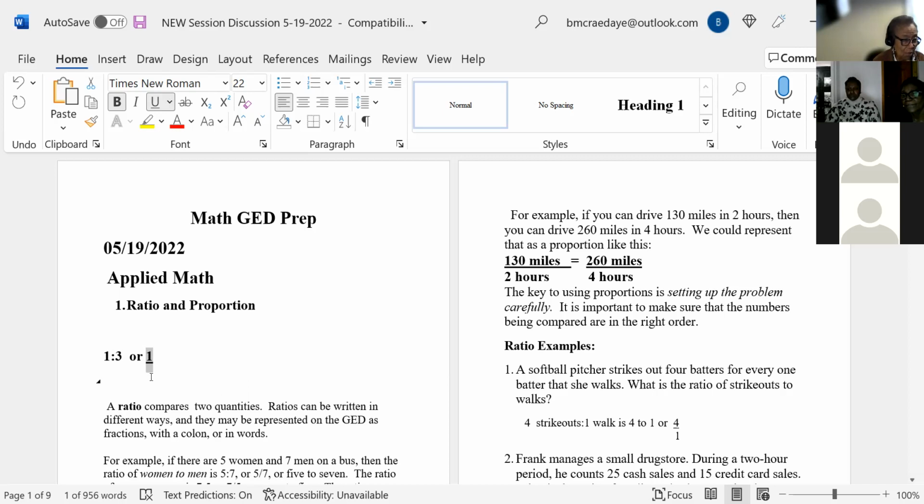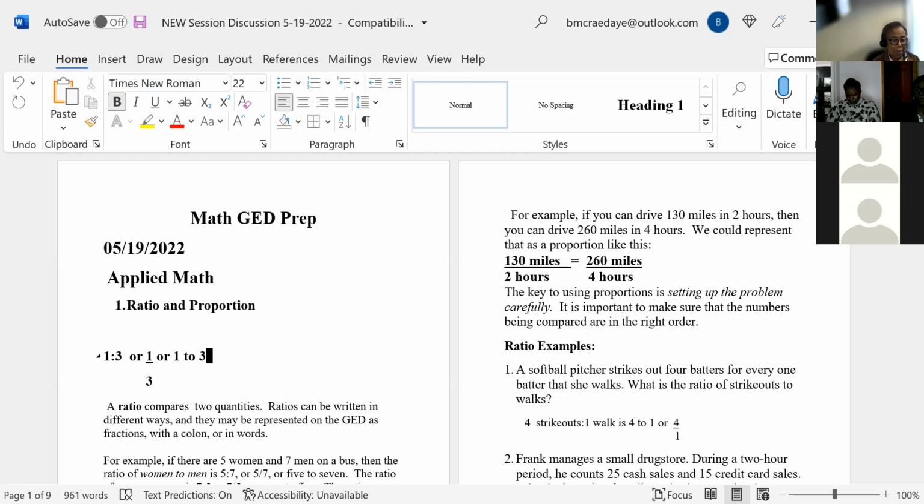Or you can say 1 to 3 in words. It just involves two quantities, and you can write it all these different ways.